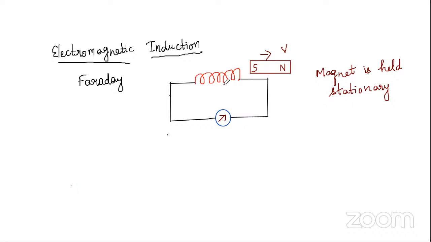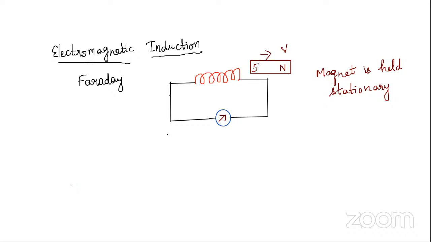That means it itself becomes a bar magnet. So when the south pole of the magnet is moved away from the coil, induced current flows in the coil in such a way that this end becomes a north pole, so that it opposes the movement of this bar magnet away from it.